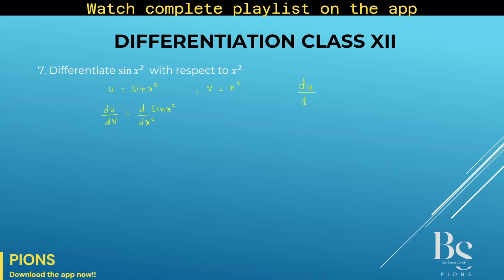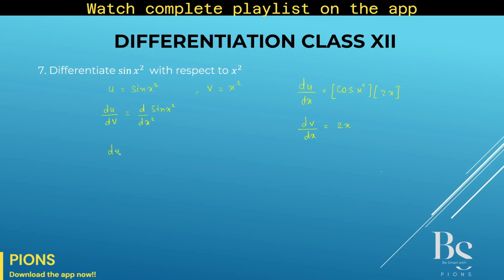du by dx will be, what is the derivative of sine x square? Cos x square. Derivative of sine theta is cos theta, and derivative of x square is 2x. What is the derivative of x square? dv by dx will be equal to 2x, as simple as that. So du by dx is that, dv by dx is this. What you have to find? du by dv.